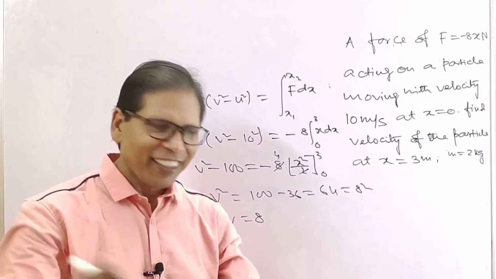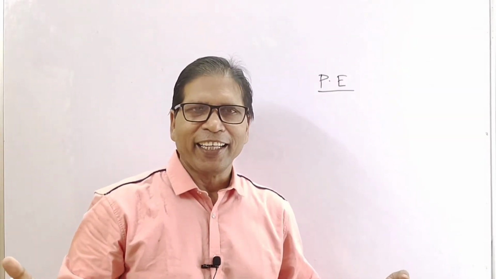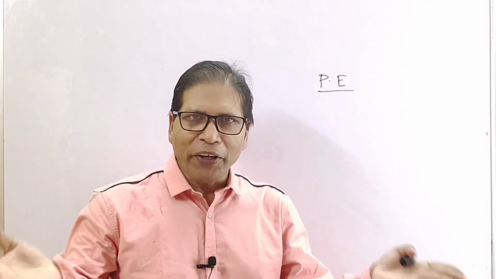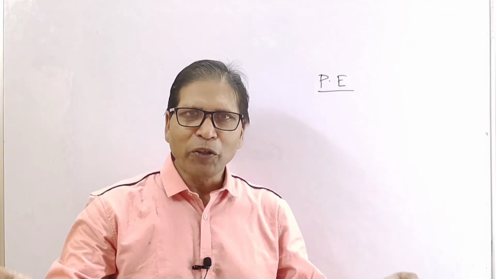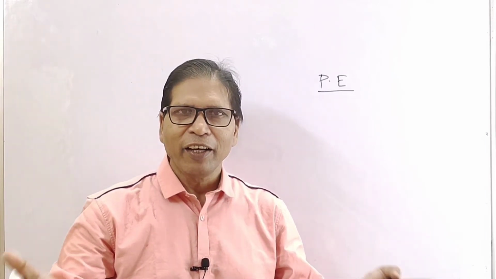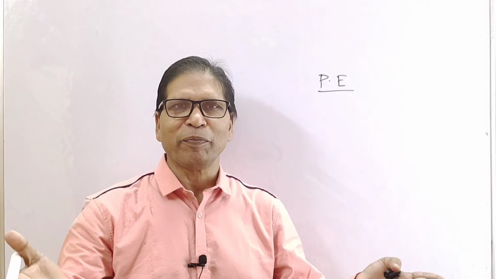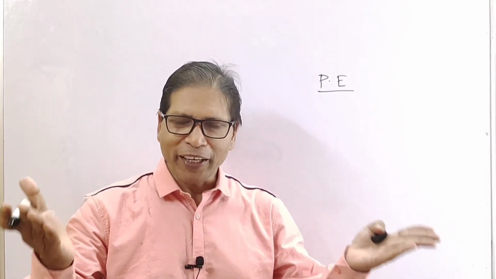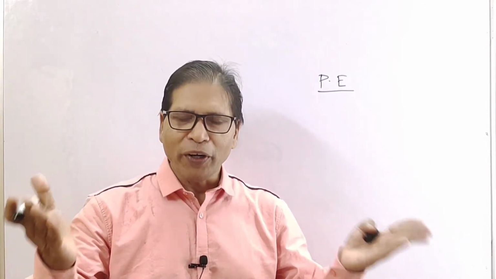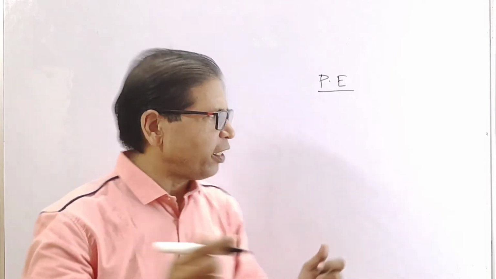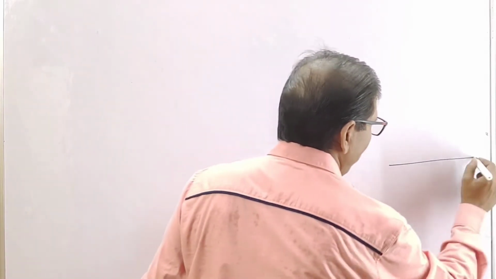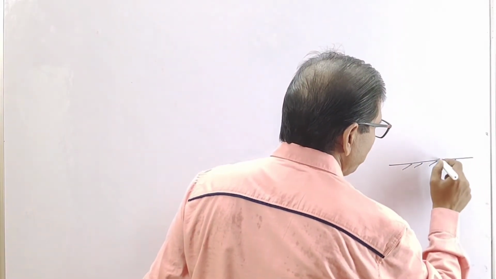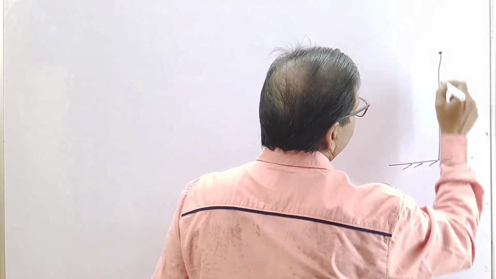Okay, next. Now potential energy. The energy possessed by a particle due to its configuration, position and shape is called potential energy. Now potential energy of position. Suppose a particle of mass m is raised to a height h.